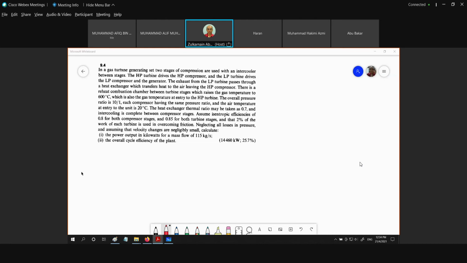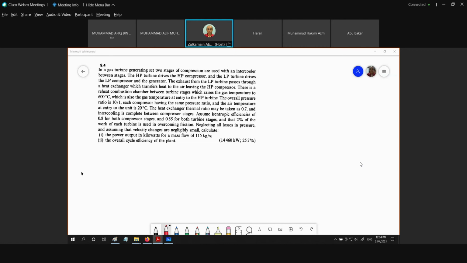The overall pressure ratio is 10 to 1, each compressor having the same pressure ratio, and the air temperature at entry to the unit is 20 degrees C. The heat exchanger thermal ratio may be taken as 0.7, and the intercooling is complete between compressor stages.